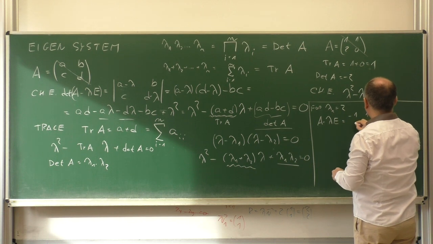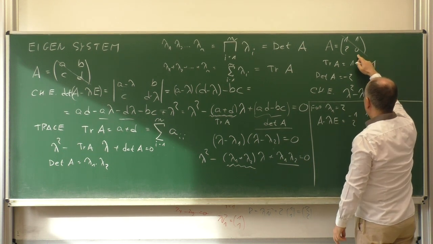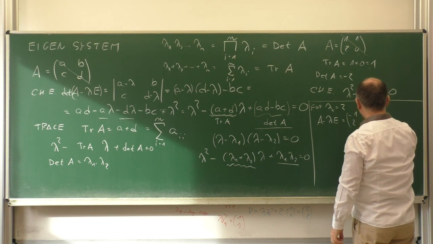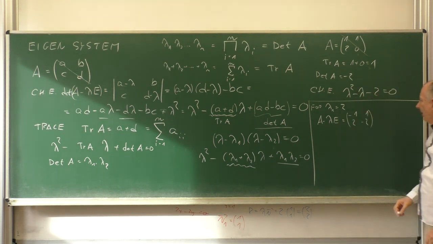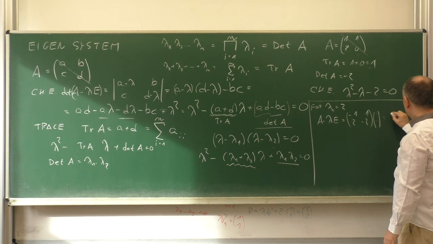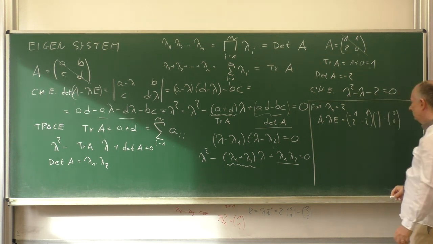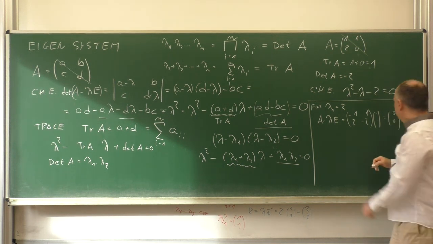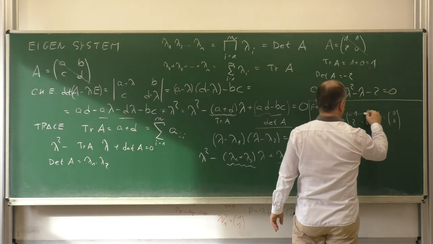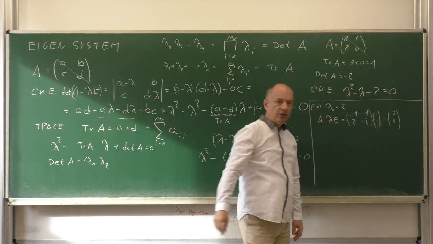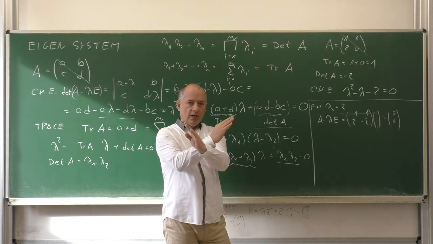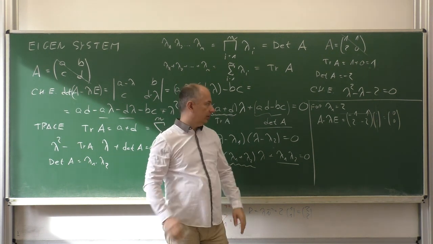We copy 1 and 2, and we subtract 2 from 0, which is minus 2. And now we want to find a vector that gives 0. But this 0 means that the scalar product of this row and this vector is 0. The scalar product is 0 if the two vectors are orthogonal, if they are perpendicular.